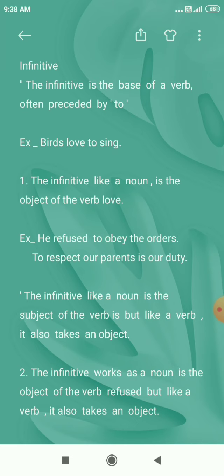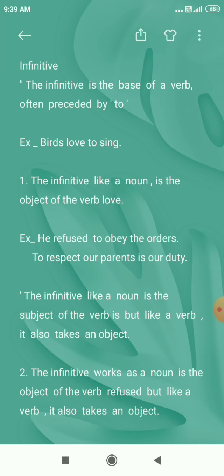Let's take the second example. The infinitive works as a noun and is the object of the verb refused. Look at this sentence: He refused to obey the orders.